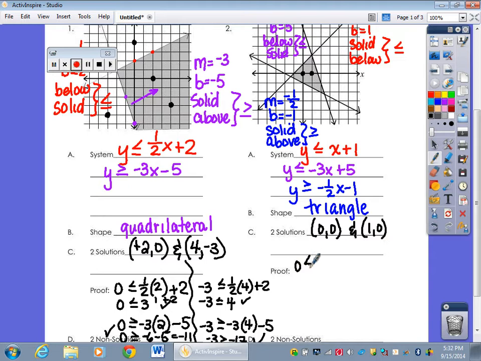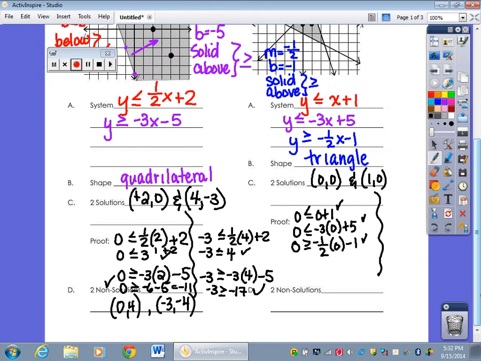So 0 is less than or equal to 0 plus 1. So 0 is less than 1, that works. 0 is less than or equal to negative 3 times 0 plus 5. So 0 is less than 5. And 0 is greater than or equal to negative 1/2 times 0 minus 1. 0 is bigger than negative 1, so that works. We would want to show that again over here.